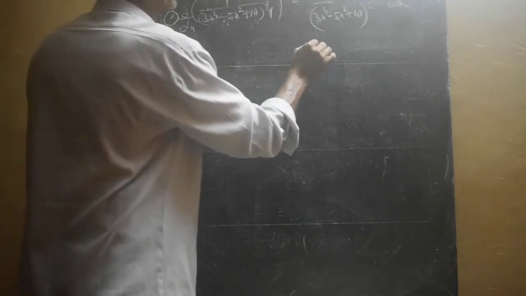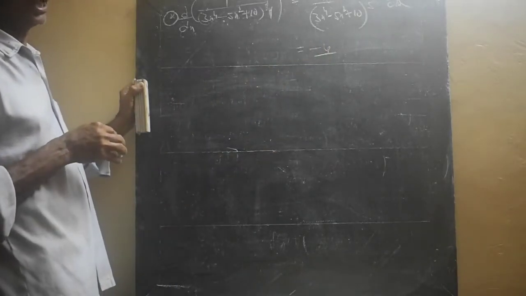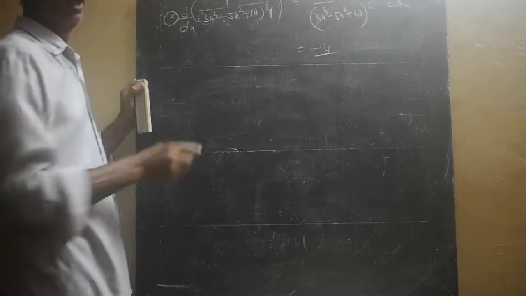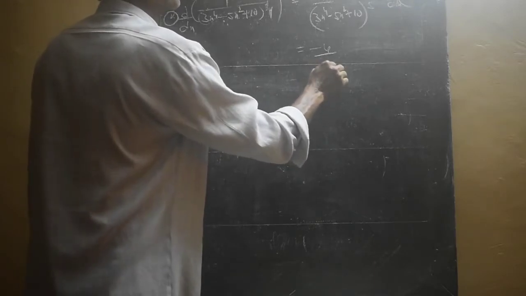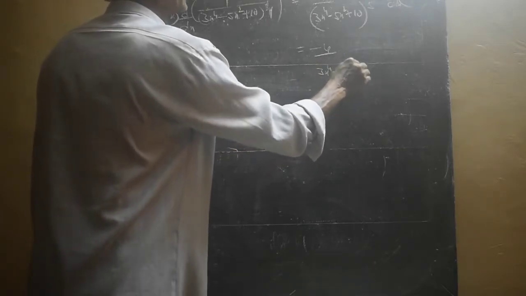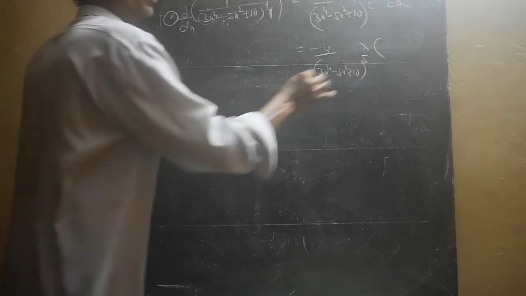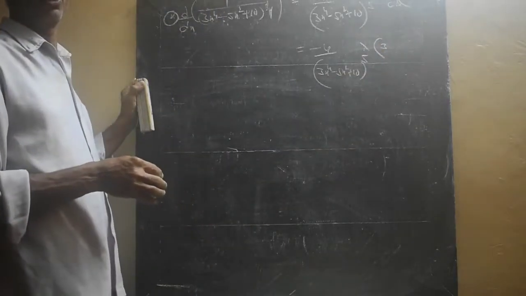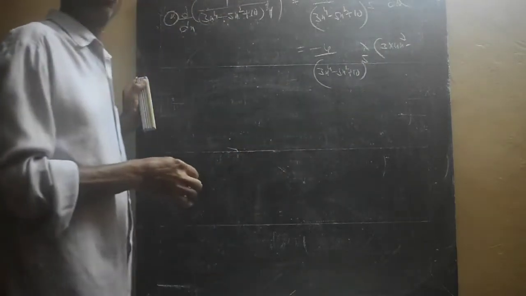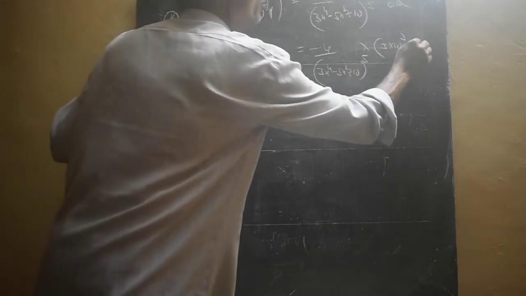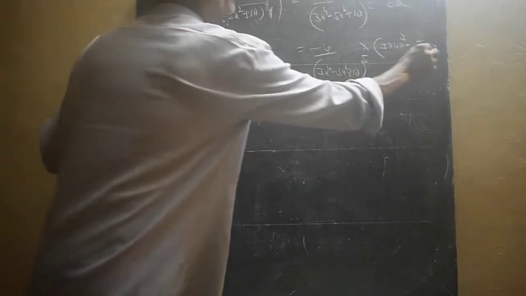Therefore, it is minus 4 upon, better to write the minus along with n only. Later on we take this minus to the middle. So it is minus 4 upon 3x raised to 4 minus 5x square plus 10 whole raised to 5, into, I will write directly, 3x raised to 4 differentiation: 3 out, x raised to 4 differentiation is 4x cube, 4 into x raised to 4 minus 1 is 4x cube, minus 5 out, differentiation of x square is 2x, 5 into 2x, plus 10 differentiation is 0.